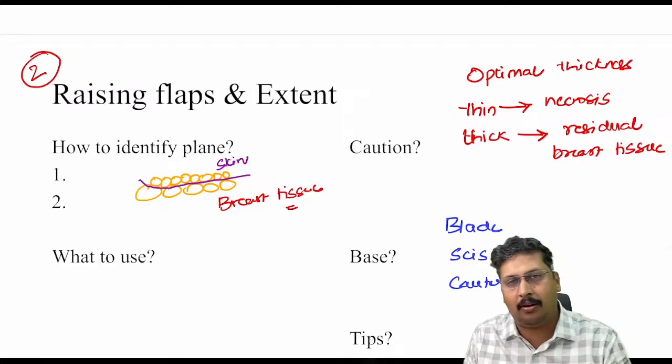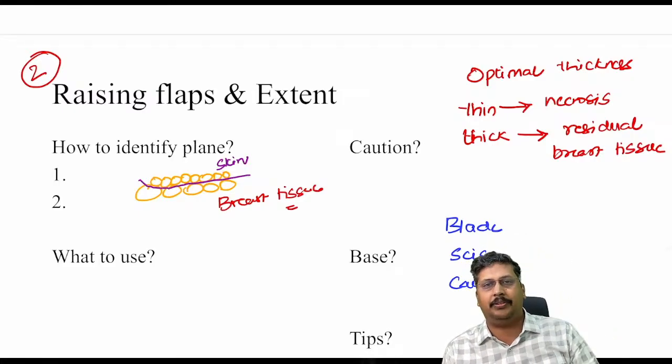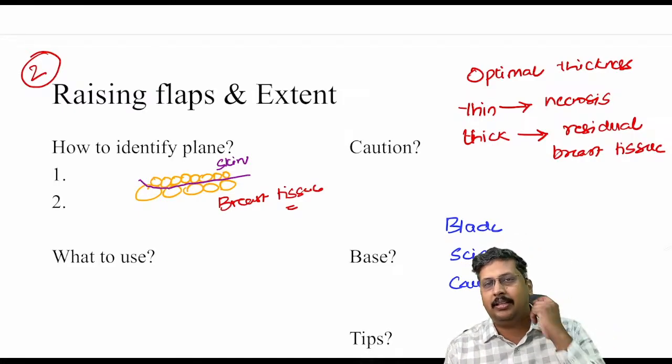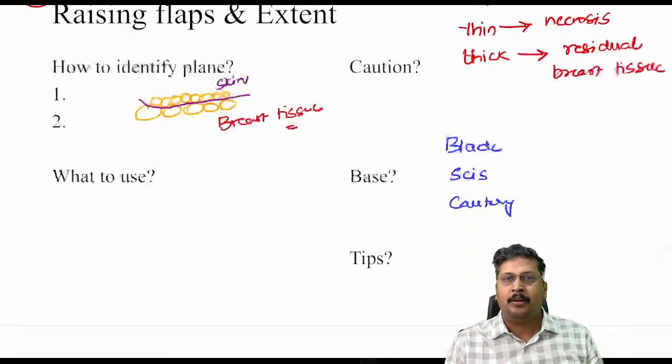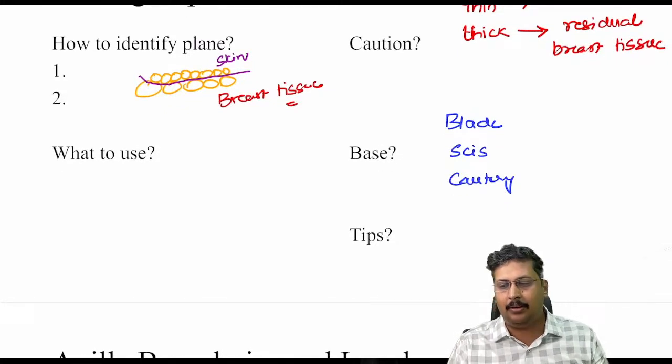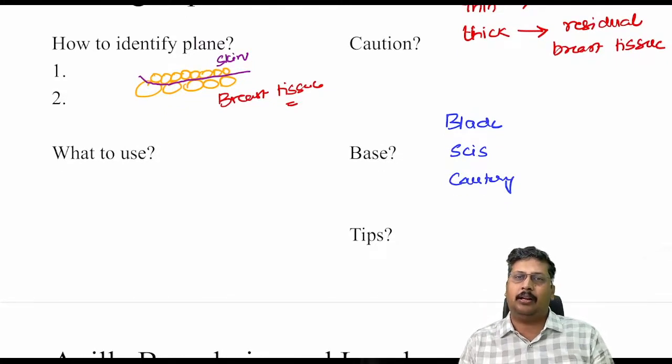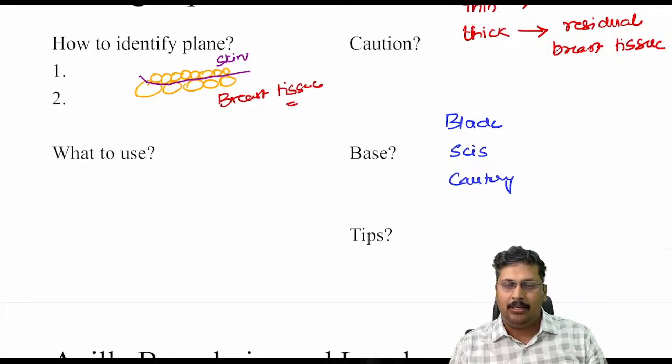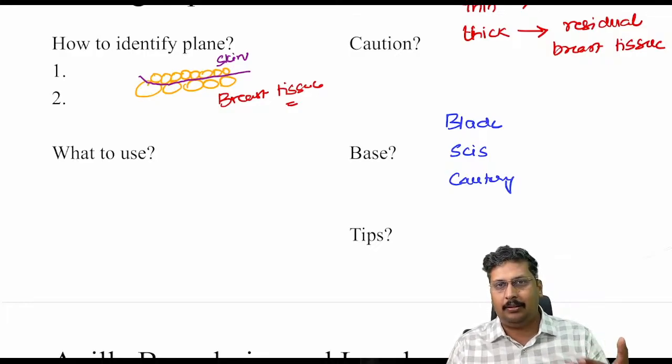Most commonly, surgical oncologists use cautery. Previously there used to be a myth that when you use cautery very close to the skin, the chances of necrosis are higher. But now we have very good evidence saying that you can use electrocautery to raise these flaps. But the angle with which you do the dissection is also very important.